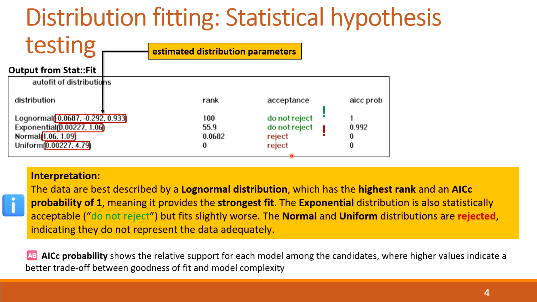What is the meaning, or what is the value of this information? StatFit completed a statistical hypothesis test and provided us useful information that the uniform distribution and normal distribution should be rejected. So they are not the best choice, let me say in the following way, to describe the data.